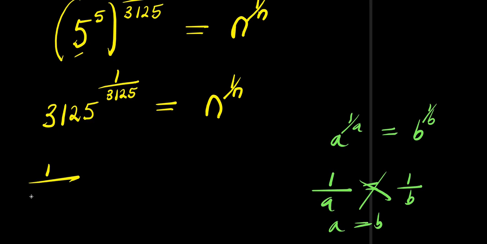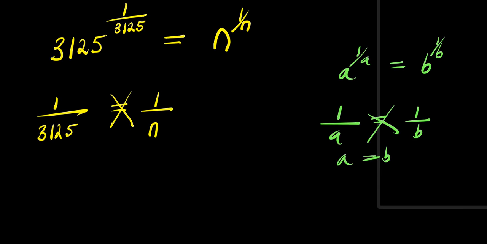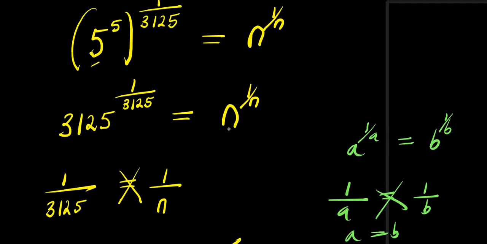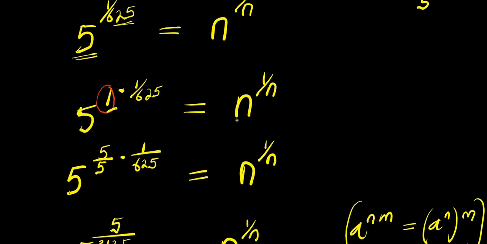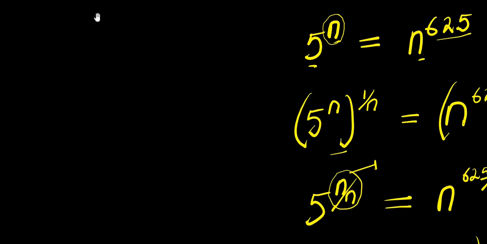We have 1 divided by 3125 equals 1 divided by n. We cross multiply. n times 1, we have n. 3125 times 1, we have 3125. That means n is 3125. And that is it.